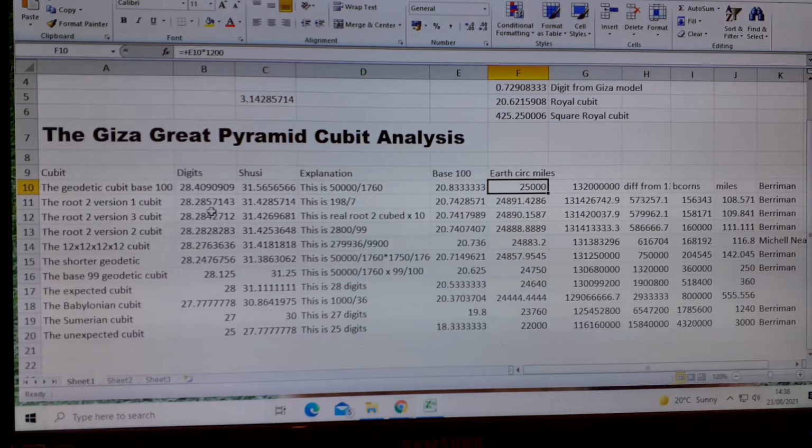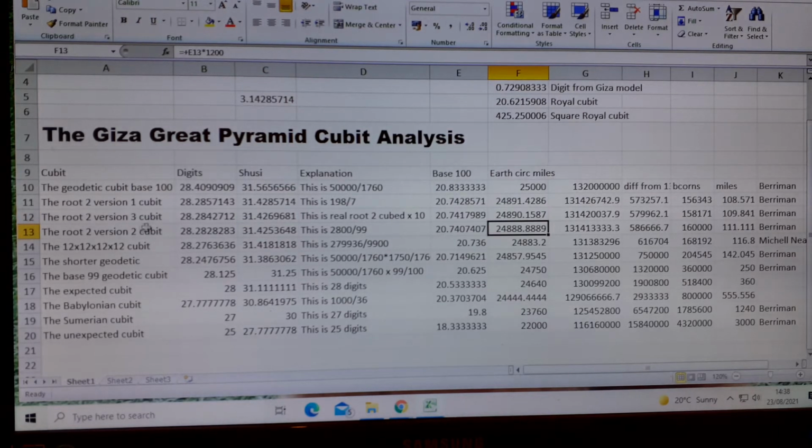And then we're going down, we've got another version of pi here, and that version of pi, if we divide by 10, it's pi, and if we square that, we get 800 over 91. I've already been through the mathematics of this, so I'm very familiar with this. And that is the Earth's circumference that you get.